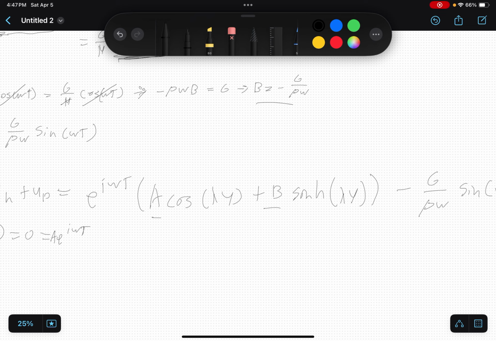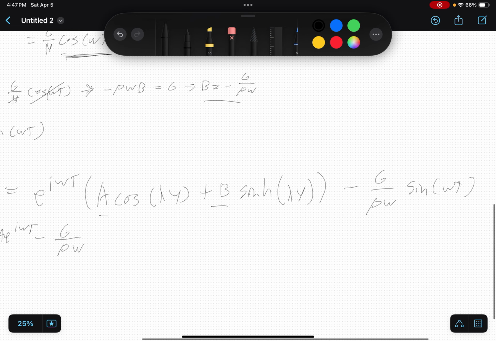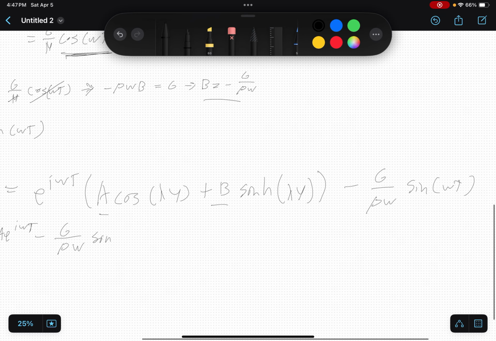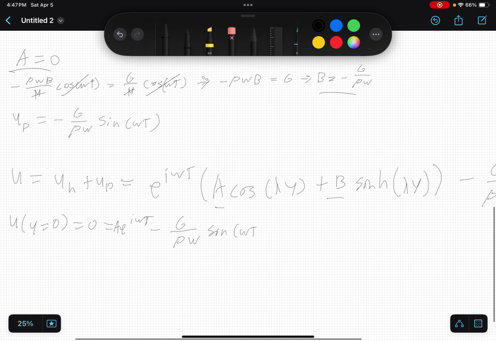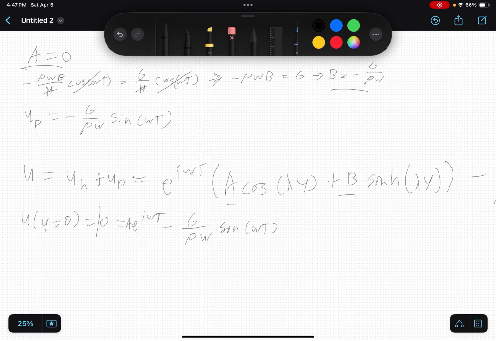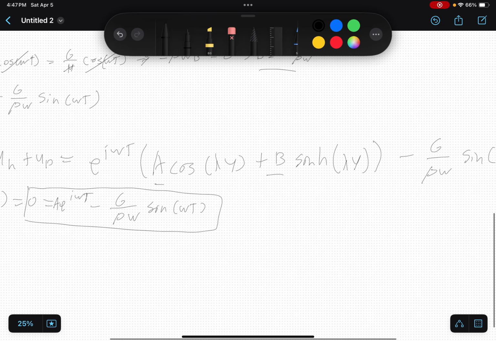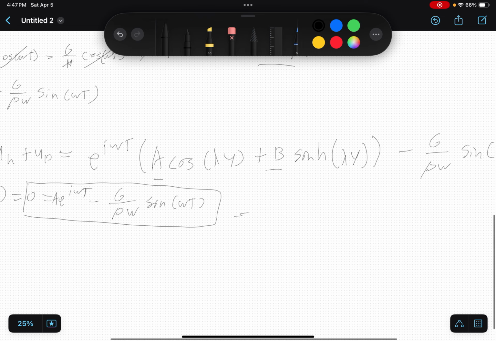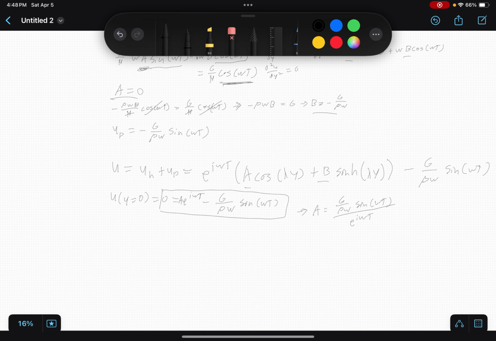A e^(iwt) minus g over density w sine wt. So this is our first equation to solve for the unknown, and we can do it. It's not that bad. g sine wt over e^(iwt). There you go. That's the first equation. That's what A equals.